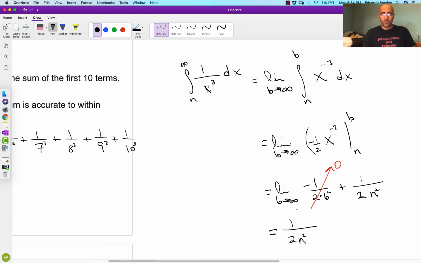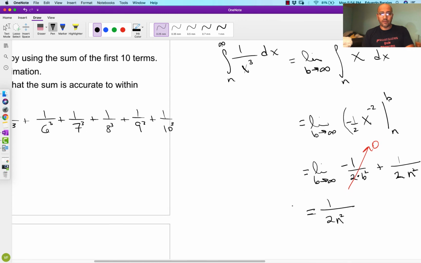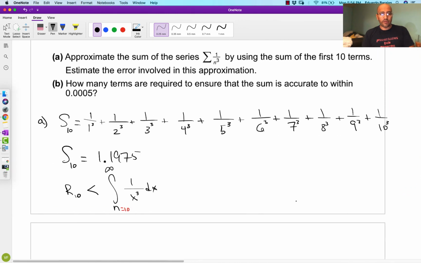All right, so 1 over 2n squared. Well, that means that coming over here, this is going to be equal to 1 over 2n squared, where n is actually equal to 10, right? So let's just erase this here. For us, this is a 10.